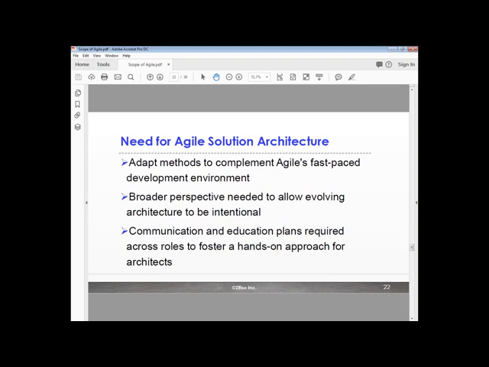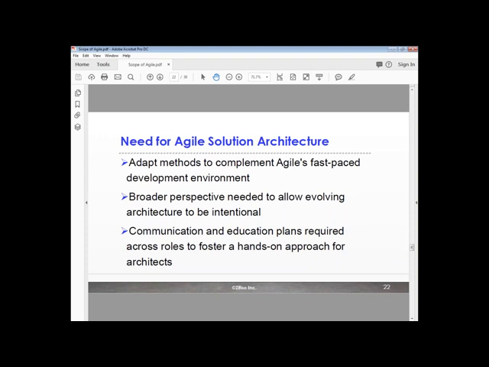So part of the scope of Agile is to go beyond the software development team to reach up to the architecture team and make sure that we have solution architecture. While the Agile architect, the application architect supporting the software development team, is there, what we need is for them to understand they've got to be 2 or 3 iterations ahead of the actual software development.